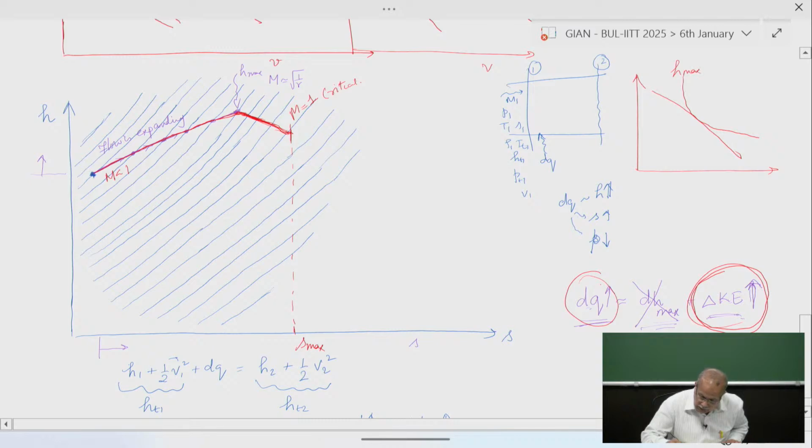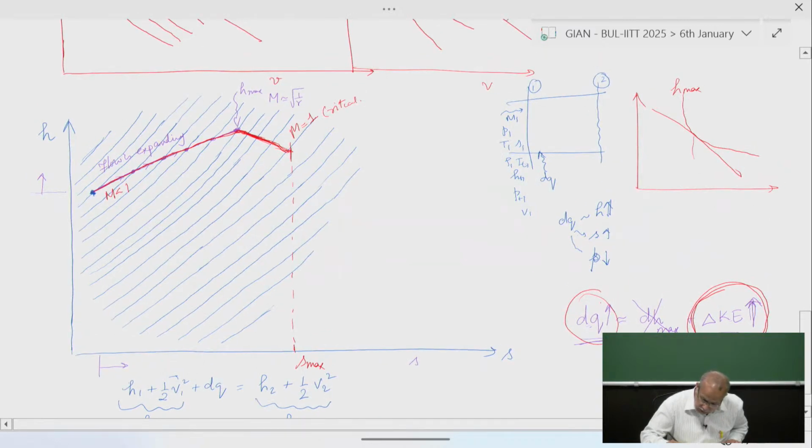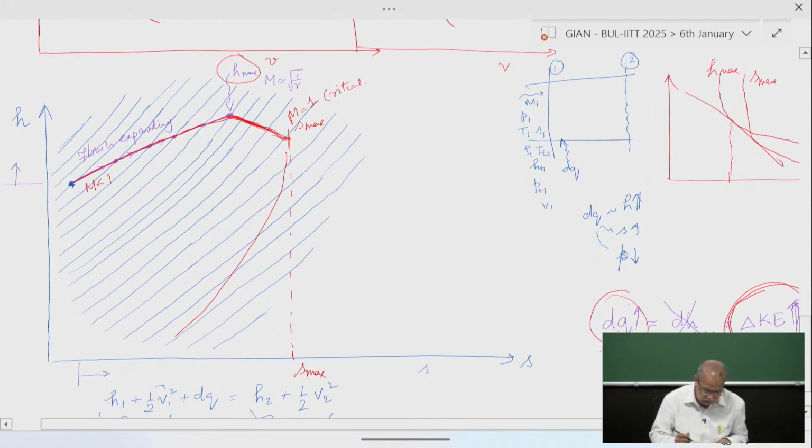One is H max, the other one is S max. So you reach the point of maximum entropy, so we can't go to the right any further. And I can't come in this direction because it is a violation of the second law of thermodynamics. So this is not possible.